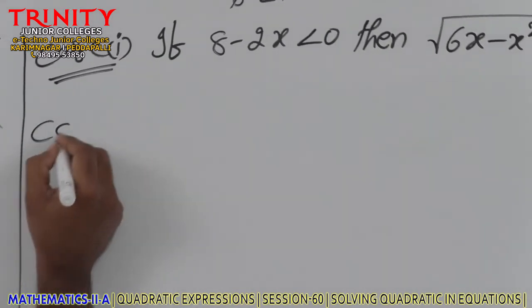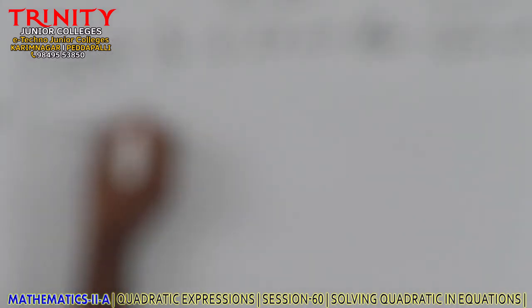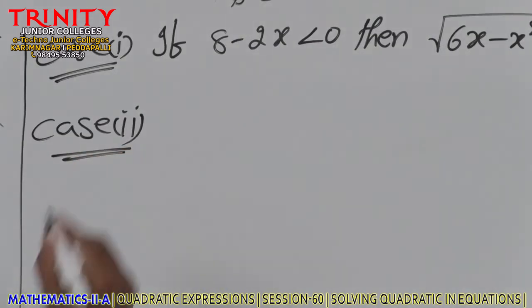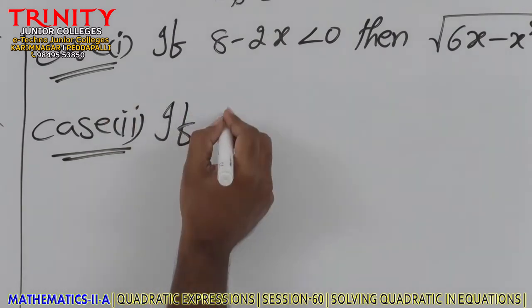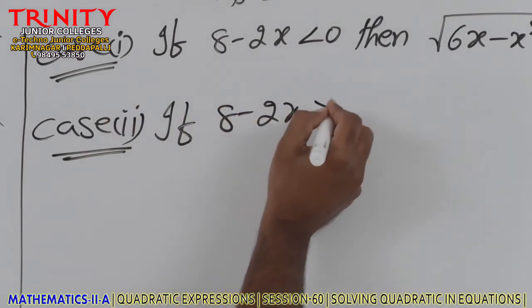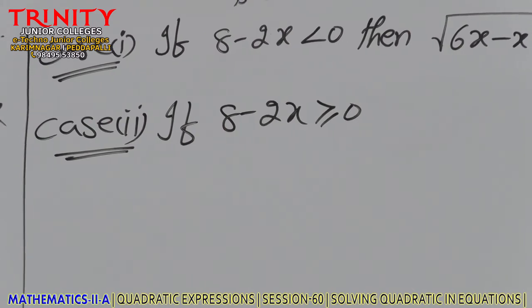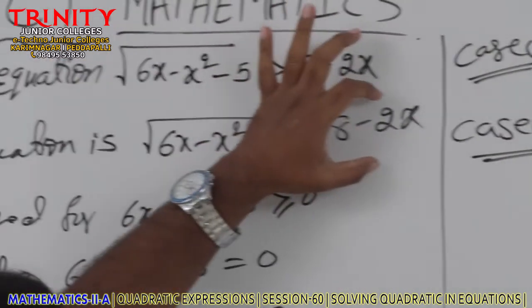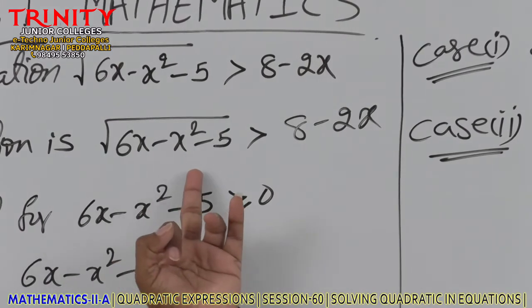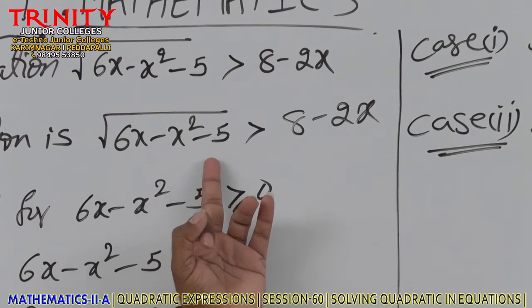Case 2. If 8 − 2x ≥ 0. We are saying this is greater than or equal to 0. If it is less than 0, it may be greater than. If it is greater than 0 also, this root is always greater than or equal to 0, we consider.